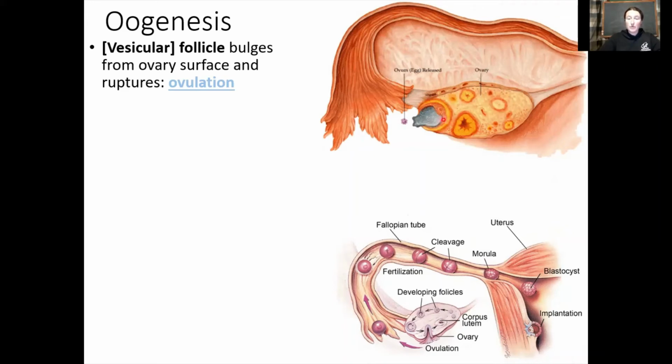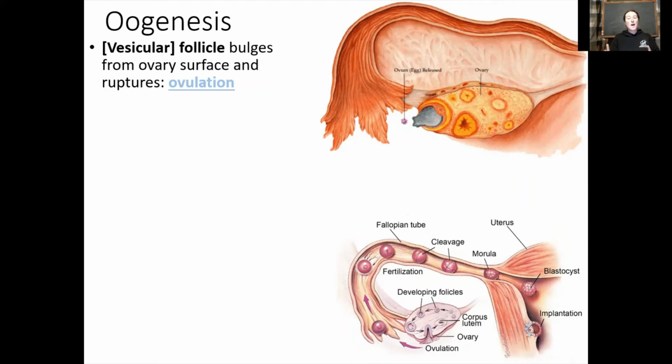It actually pushes against the surface of the ovary, and given a surge of hormones, which we're going to get into, the surge of hormones is going to cause the follicle itself, which is this moon-shaped structure here, to burst. And that bursting is going to essentially spit the oocyte, the egg, out of the ovary and into the space in the female's pelvic cavity.